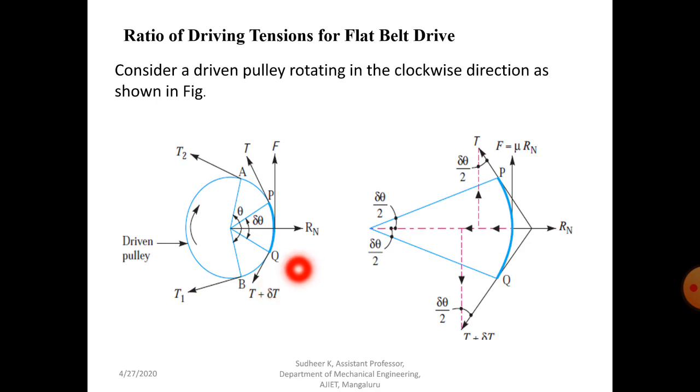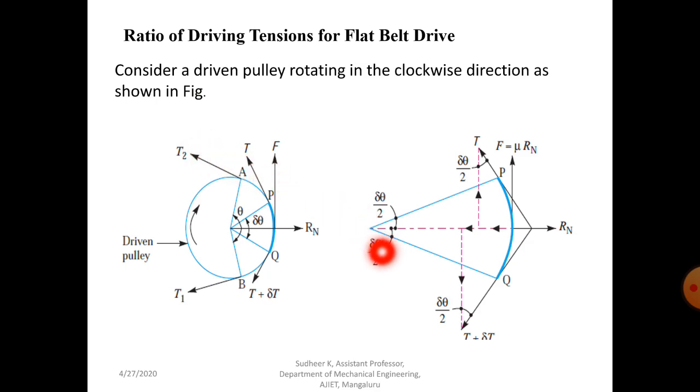So Q is also subjected to more tension, that is T plus small change in tension, T plus del T or dT. So that is the tight side, and this one is the slack side.